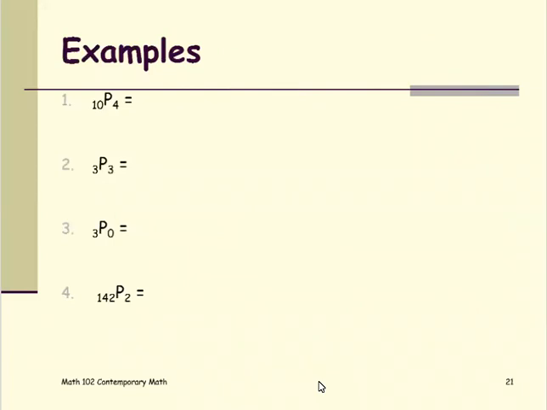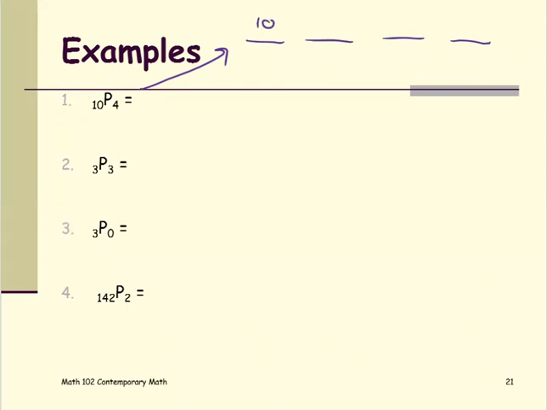So we're going to compute the first one, which is the permutation of 10 selecting 4. This means you are going to select 4 items out of a group of 10 items. The first time you have 10 options.